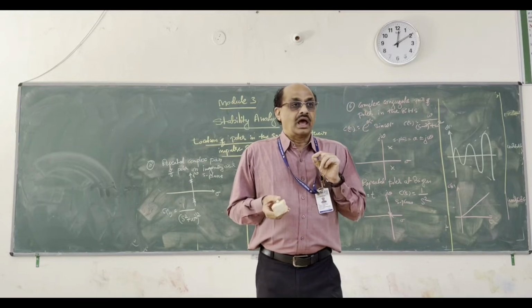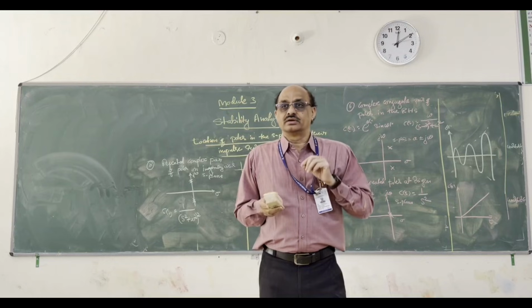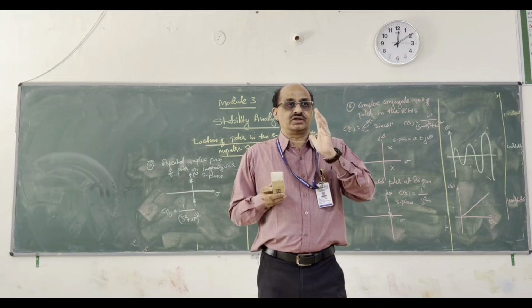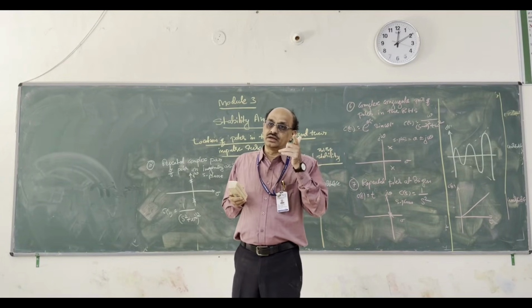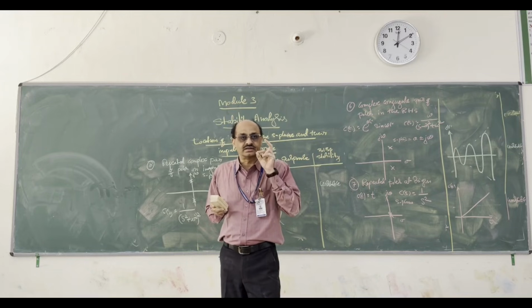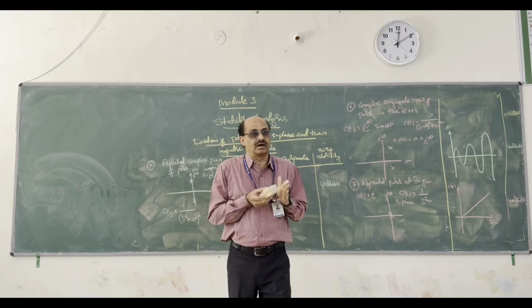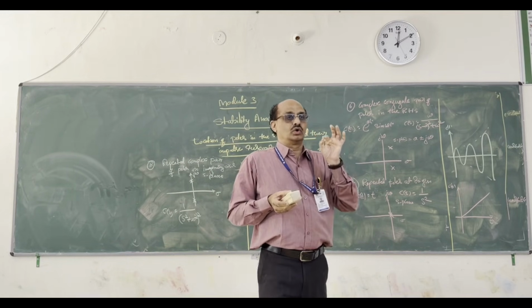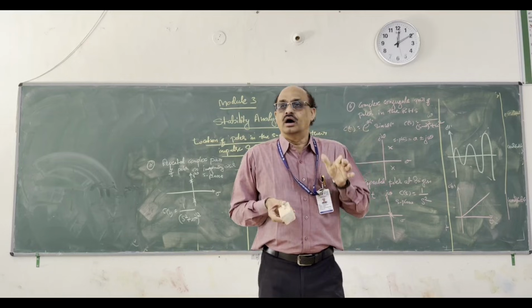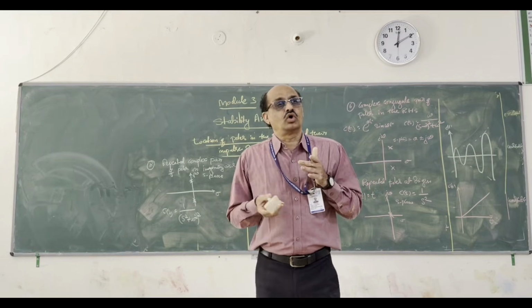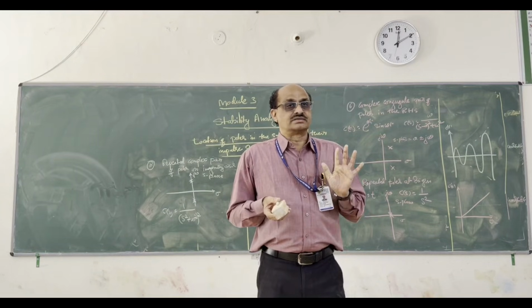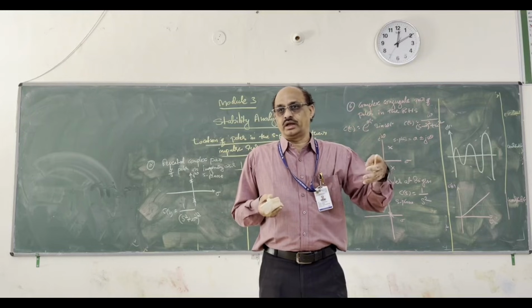The fourth one is, if any repeated roots, more than one at the same place, lie on the imaginary axis, then it also results in an unbounded response, and we call that system unstable. Okay, four points are very clear.